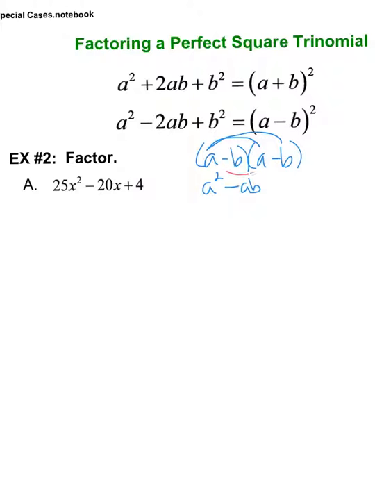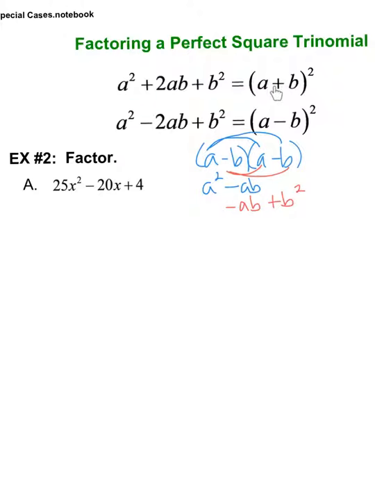And then I've got a negative b times a, that's another negative ab. And then a negative b times negative b is a positive b squared. So as you can see, here's my a squared and my b squared, and that's where those come from. And then how many ab's do I have? I have 2 of them that are identical, so that's where the 2ab comes from.